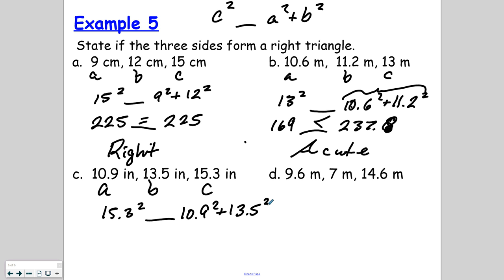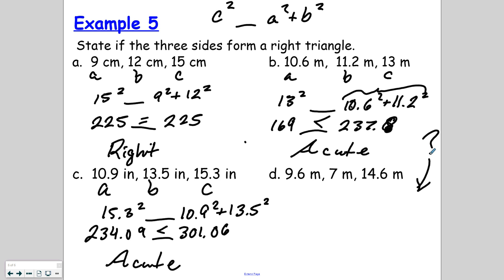So 15.3 squared is 234.09. 10.9 squared plus 13.5 squared is 301.06. We get c squared is less than a squared plus b squared again, so that's also acute.